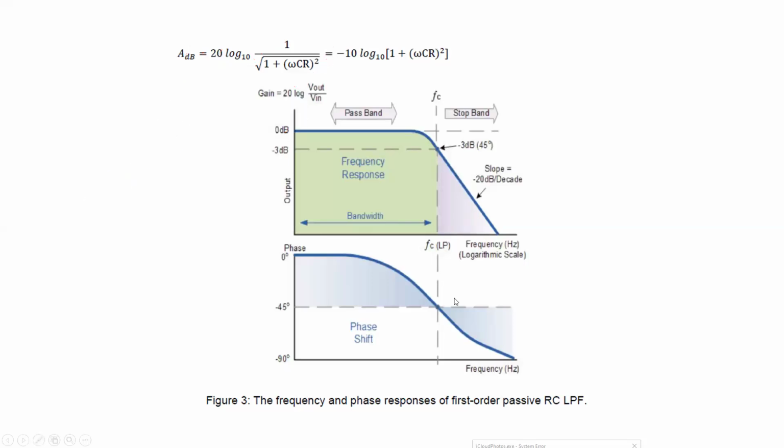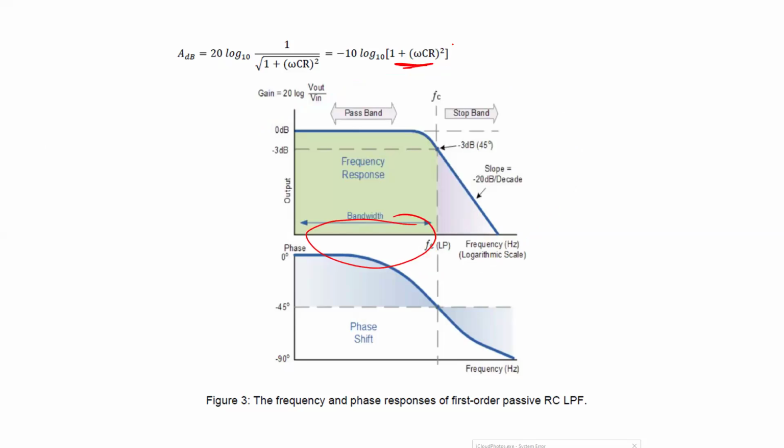Anyway, as you see from this figure, this is the response. At small frequencies, this term is 1 plus (omega C R) squared.